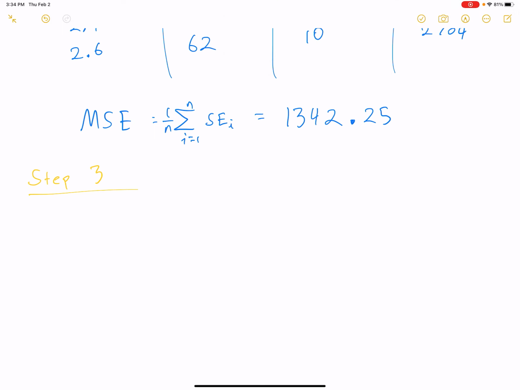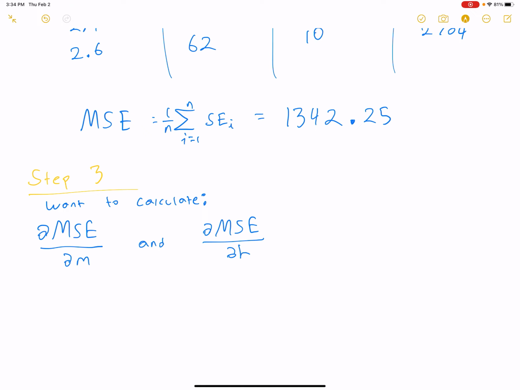Just understand that you can get a derivative of the mean squared error with respect to m, and we also want to calculate the mean squared error with respect to b.